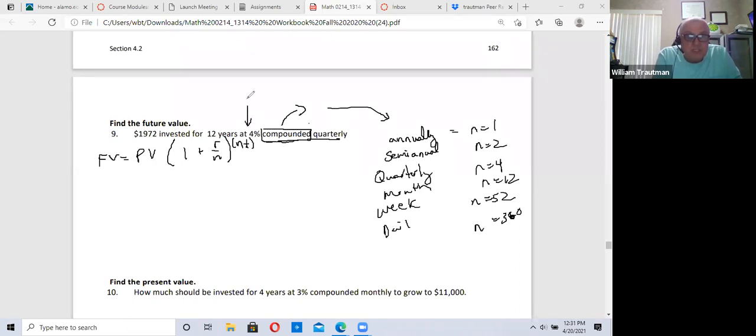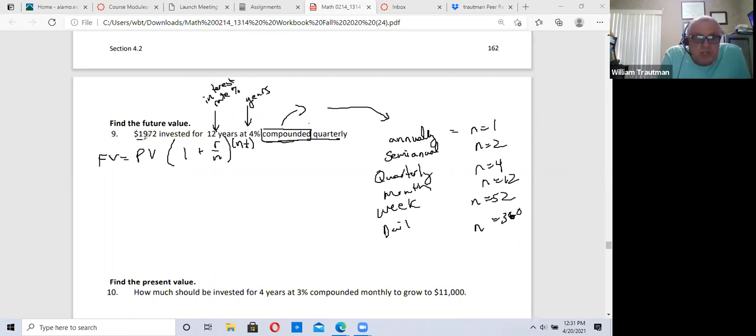Okay, t is always in years. N is the number of times compounded, and r is the interest rate. We're talking about the interest rate in percent. Okay, so this is the formula.